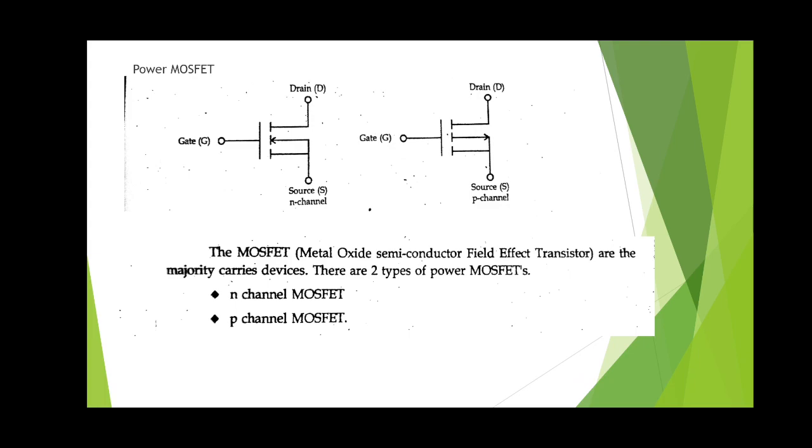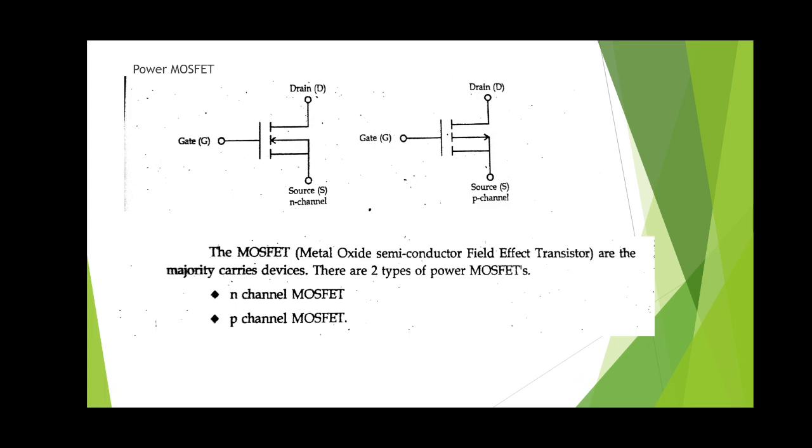As it is a current controlled device, the drive required for the BJT is a little bit complex. So to overcome this disadvantage of the BJT, the next device which was developed is the power MOSFET. So this power MOSFET is a voltage controlled device.